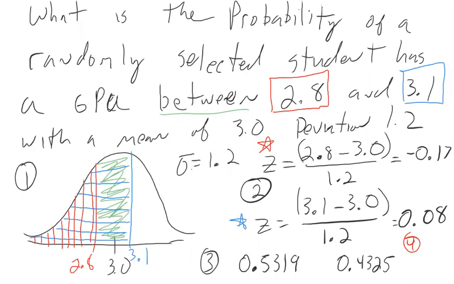Yes. So to remove something means to subtract. So if I take my two probabilities and I subtract them, I will have my answer.